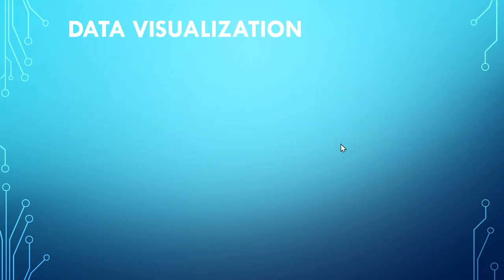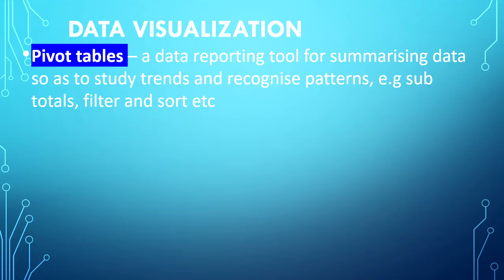So data visualization, as already explained, we have pivot tables, what we are going to look at. A pivot table is a way of summarizing data for reporting so that the analyzer can recognize patterns or trends in the data, or connect one thing to another.